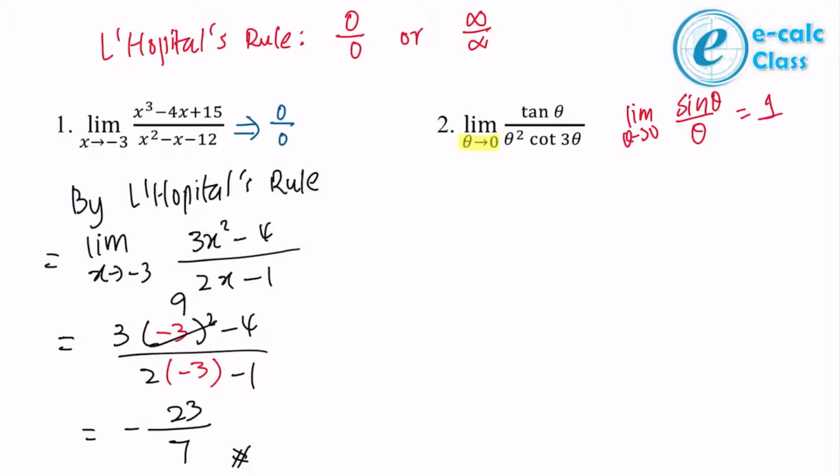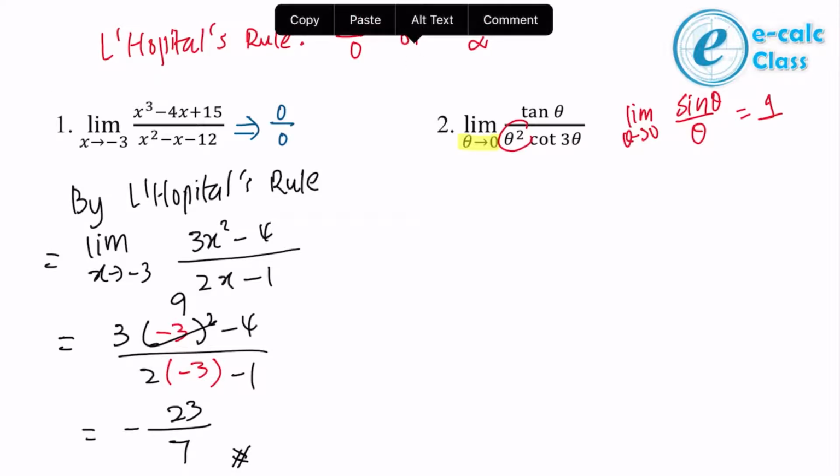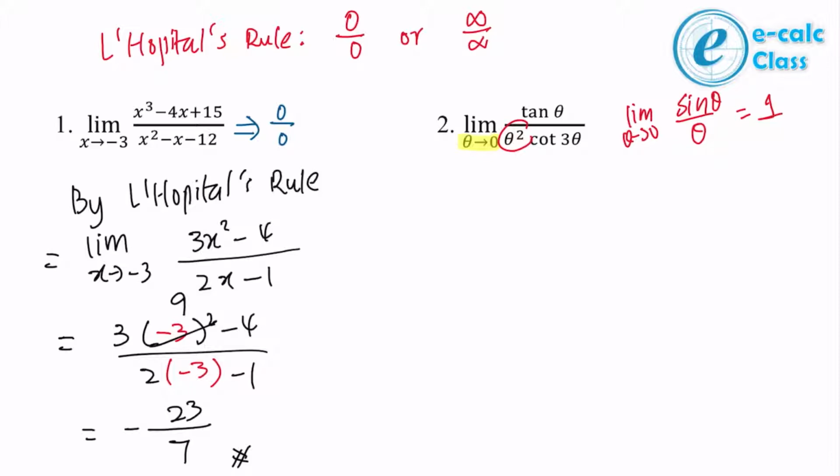To make use of this, you need two things: number one, you need sine, and number two, you need the angle, one on top and the other at the bottom. Seems like in this case, we already have theta squared here, which we can separate into 2. So I think we are good to try this.